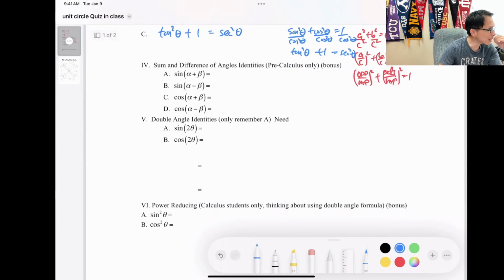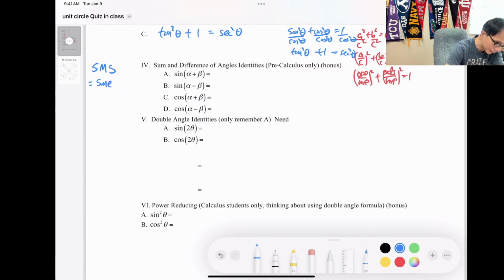What's the acronym for sum and difference? Yeah, but what's the acronym for the sign? Good job, Ria. Bonus for Ria. SMS. What does that stand for?